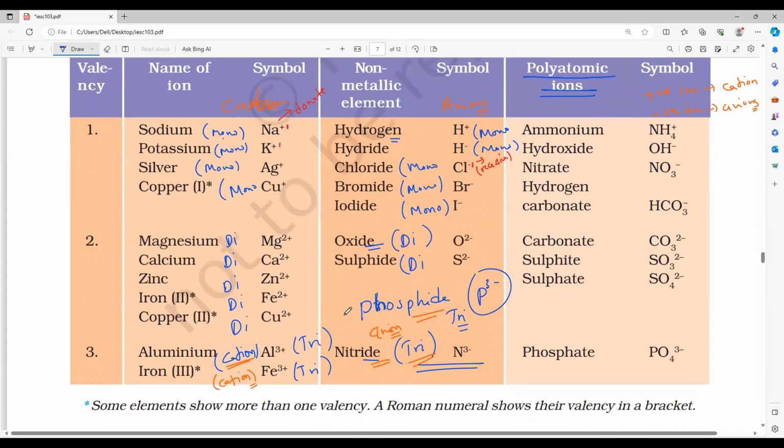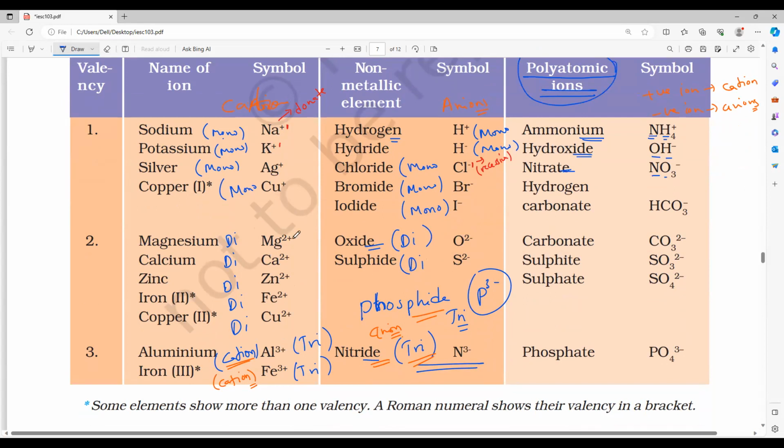Single type of atoms. Am I right or wrong? But now, in ammonium, nitrogen is there, hydrogen is there. Hydroxide, oxygen is there, hydrogen is there. Nitrate, nitrogen is there, oxygen is there. That is what we call polyatomic ions.